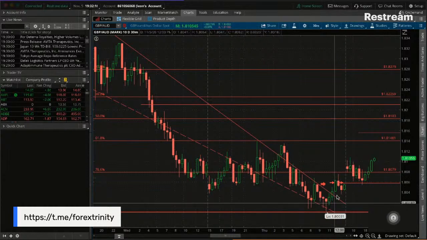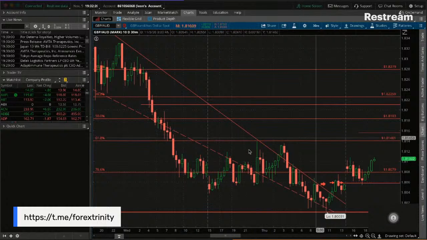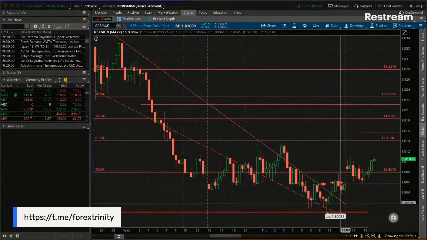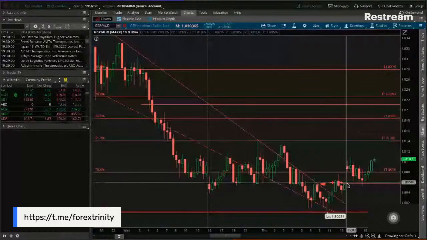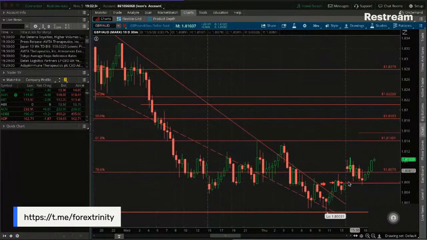But again, you got to know how to set it up, because it moves so much. So once it starts ranging, right? We saw it was ranging. Once it broke out of the range, it was a pretty good trade. I could have double dipped right here, right? When it gapped up, came down, closed it, shot back up.